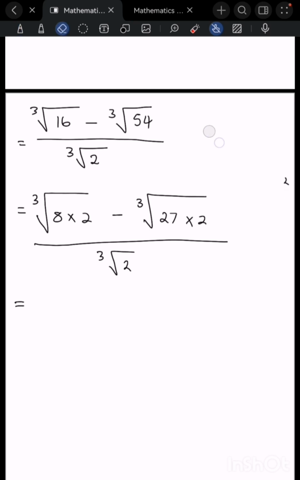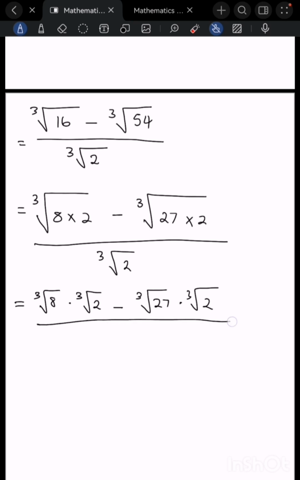Clear, straightforward. In this case, it's going to be the cube root of 8 times the cube root of 2 minus the cube root of 27 times the cube root of 2, all divided by the cube root of 2, right?